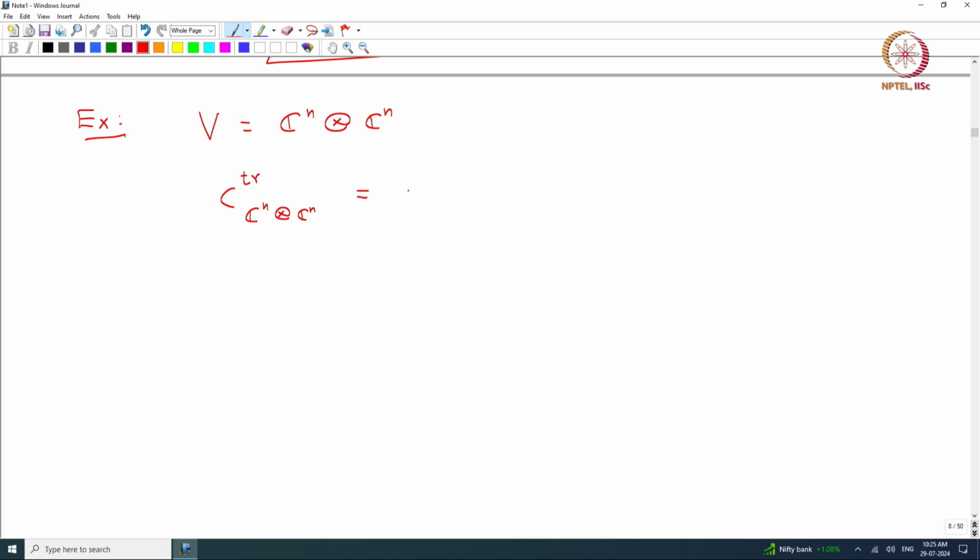Then you can prove that this is exactly equal to 2n times the identity operator plus twice sigma, where sigma is the flipping operator on the tensor product.